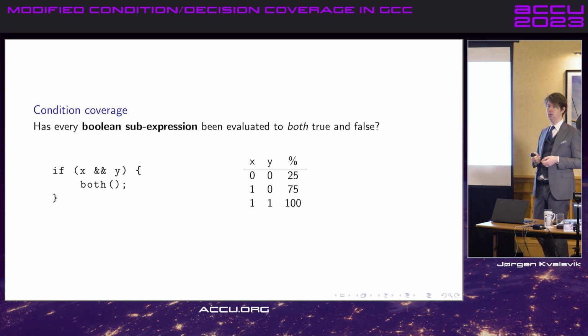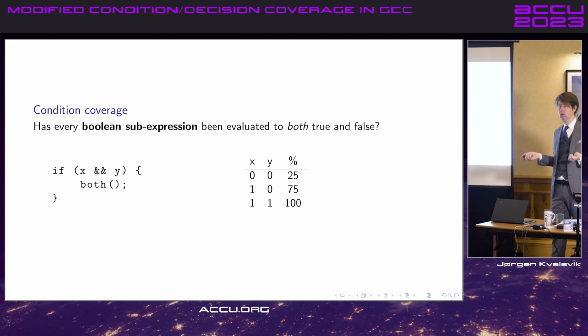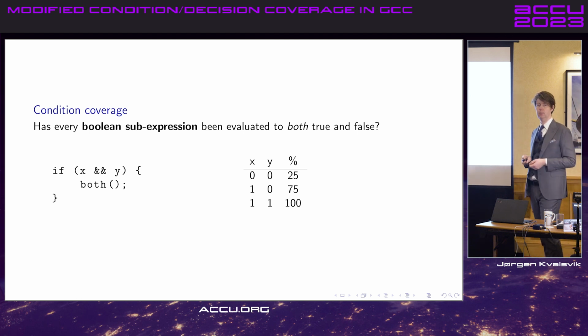Running it with both false would give you 25% because the y would be short-circuited. With true and false, you would bump it up by 50% because now you would have seen x as true as well. And by finally passing it 1 and 1, all of the Boolean sub-expressions have been evaluated to both true and false, right? So far, this is pretty straightforward.